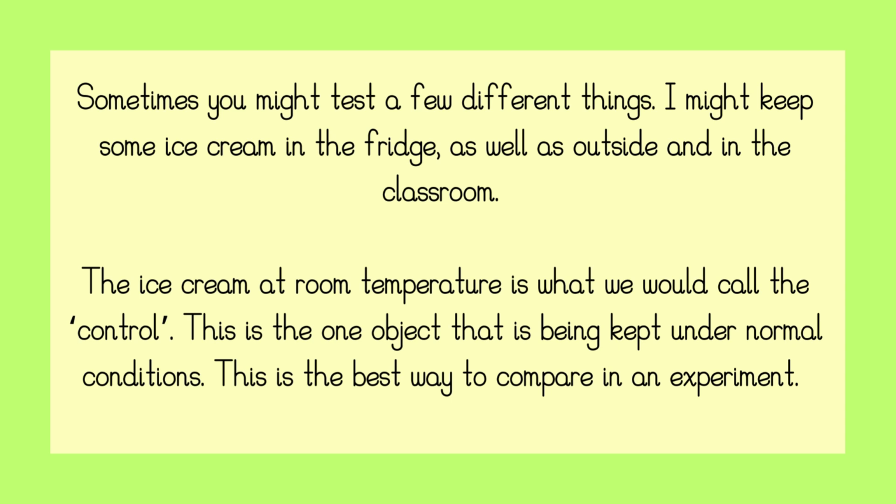We're not making that ice cream in the classroom any colder by putting it in the fridge. We're not making it any warmer by putting it in the sun. This is the best way to compare in an experiment because you can see what exact effects the thing you changed has on what you're testing.